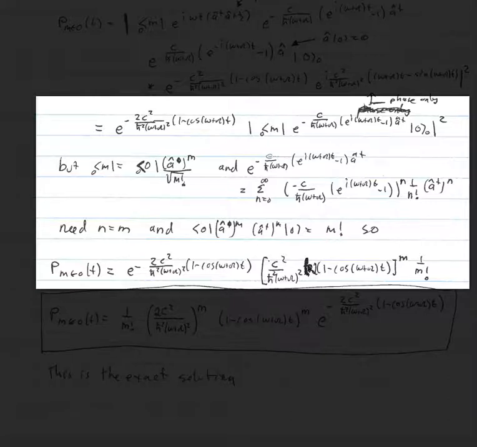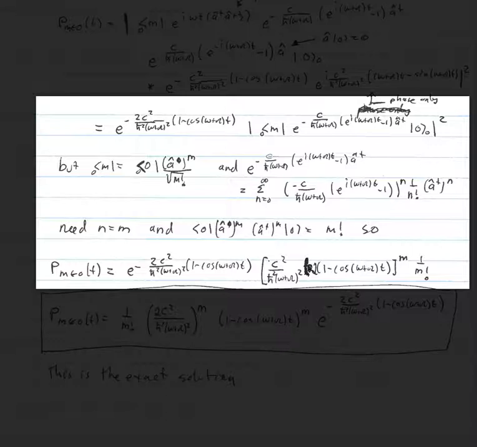So it's going to only pick out one of the terms in that polynomial expansion of the exponential. So when I do the Taylor series expansion of the exponential, only the term when n equals m is going to contribute. And you see, when I look at the expectation value of a to the m with a dagger to the m, that expectation value is just equal to m factorial. That'll cancel the 1 over m factorial. I'm still left with a 1 over square root of m factorial.